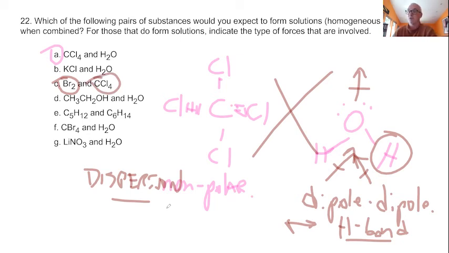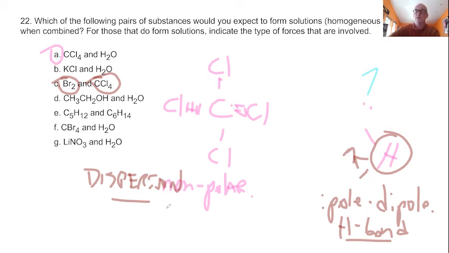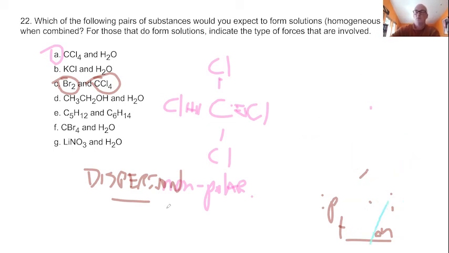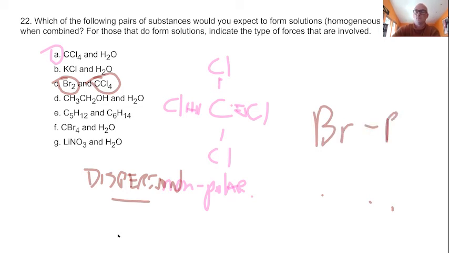But if you take something like bromine and carbon tetrachloride, let's look at bromine. We already have carbon tetrachloride over there. So there's a bromine molecule. Does it have a net dipole?